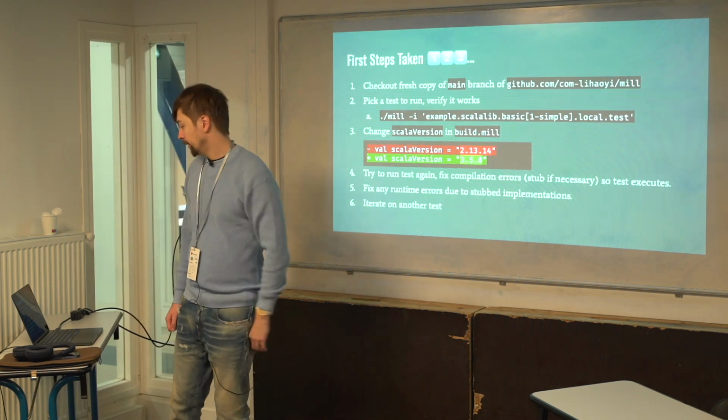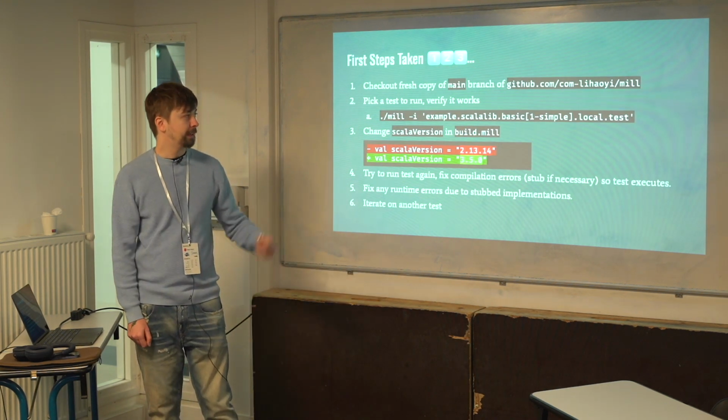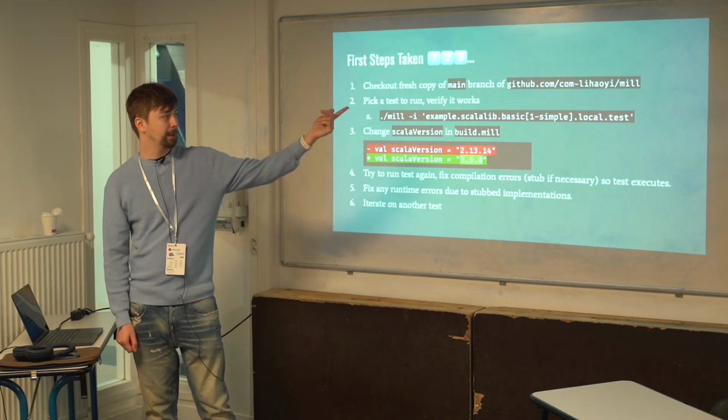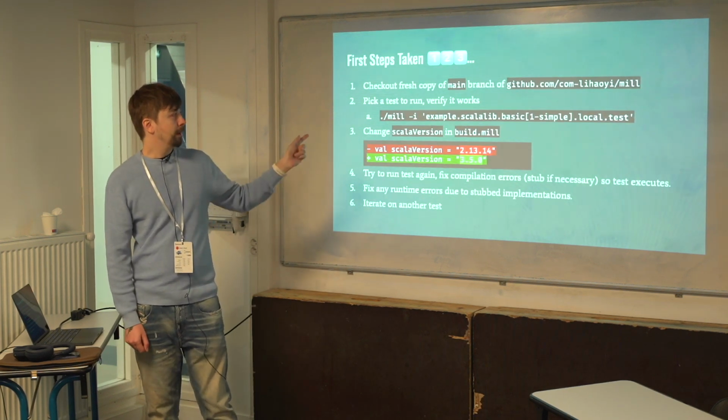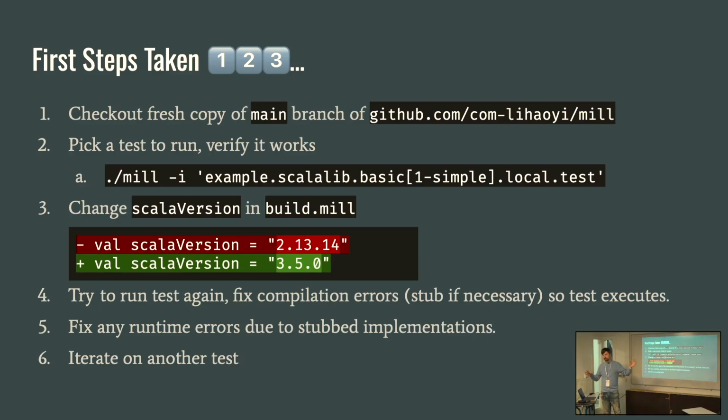So what did I do? Obviously, check out the main branch from com-lihaoyi/mill. Then I picked a test. Basically, I said, I have no idea how this works, what do I do? In the README, I saw these example tests, so this is an example that I would pick. I just run that command and verify that it works.